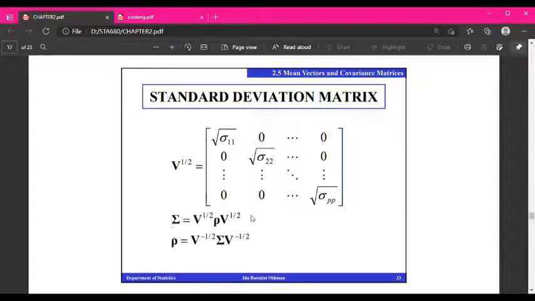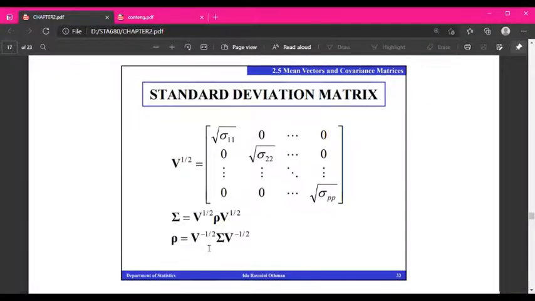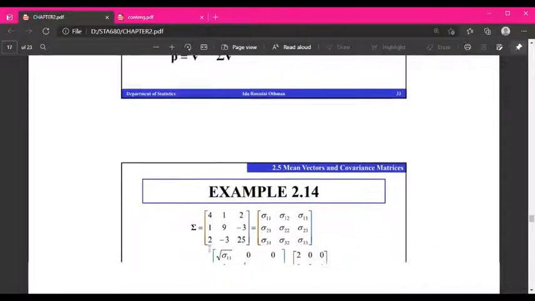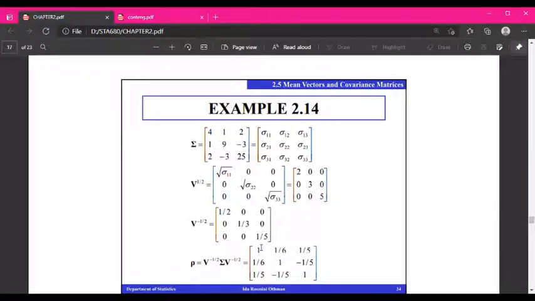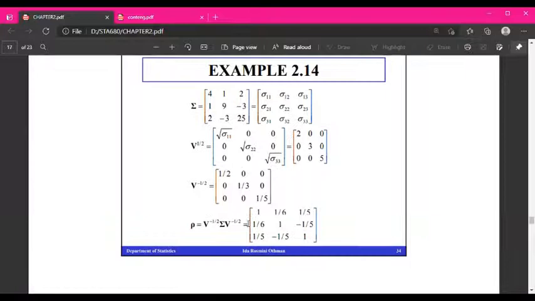So you need to hafal this formula. Ataupun if we want to find the correlation matrix, if we have the variance covariance matrix, we can find using this formula. How to find this one, big V inverse, square root of big V inverse.